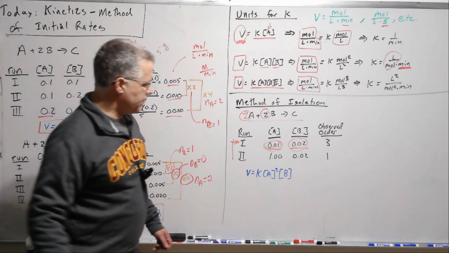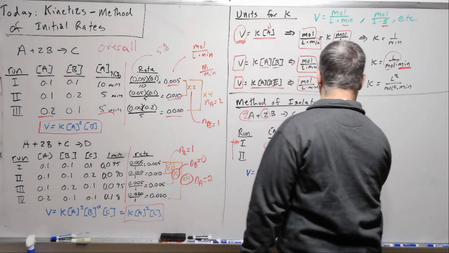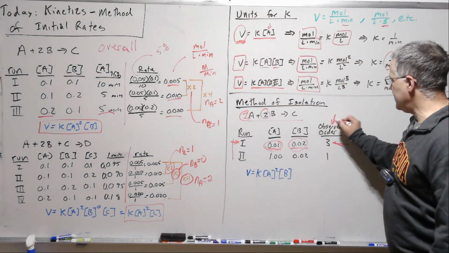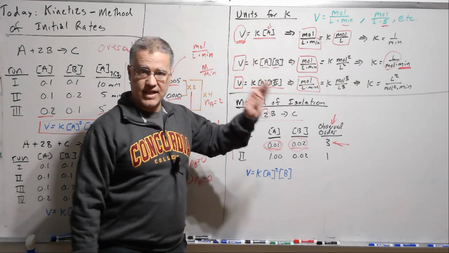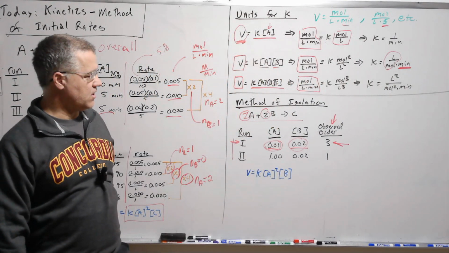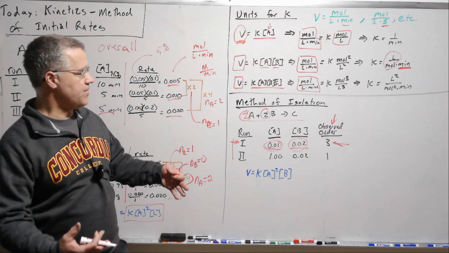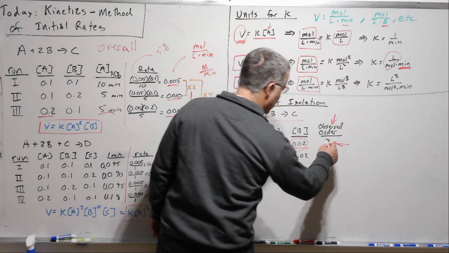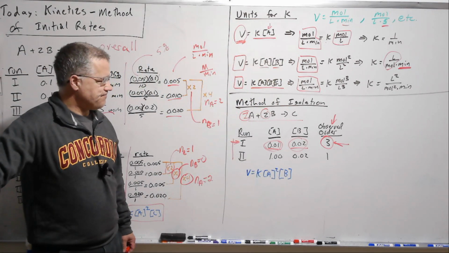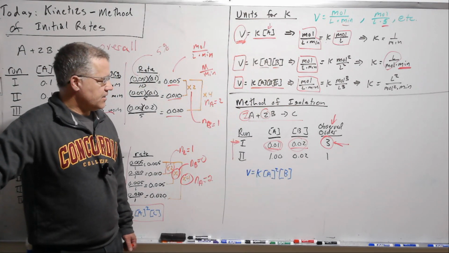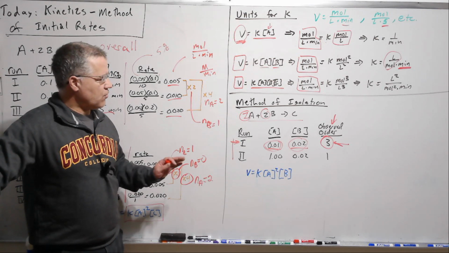Then we will somehow observe the order. Okay, and so what this means is that we're using some method, maybe the method of initial rates, very likely the method of integrated rate laws, which we'll talk about next time, but some other method, and we observe an order of 3. So the observed order is the observed order.